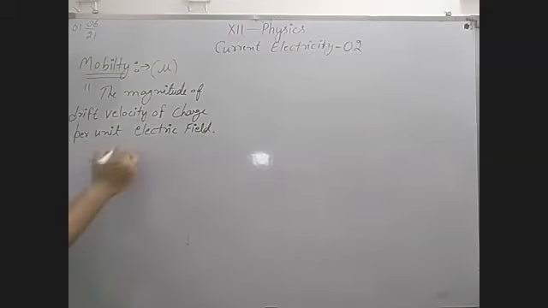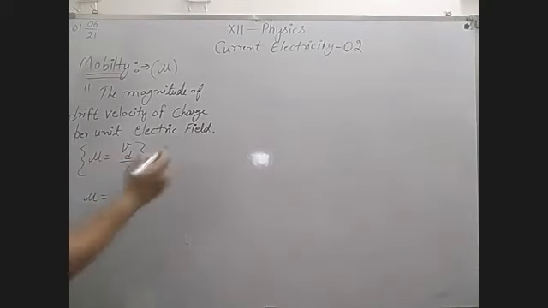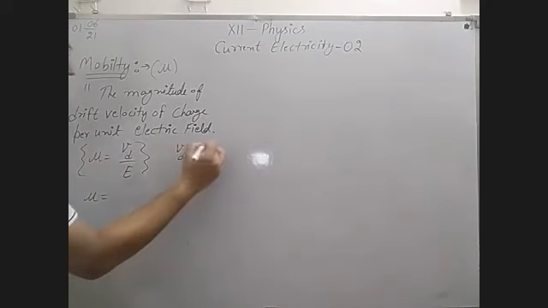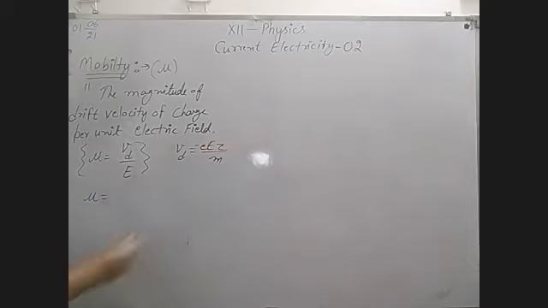Mathematically, it can be written as mu = Vd/E. This way you get the general formula for calculating mu. If in terms of relaxation time, you can also write this. You know the formula for calculating Vd: Vd = -eEτ/m.